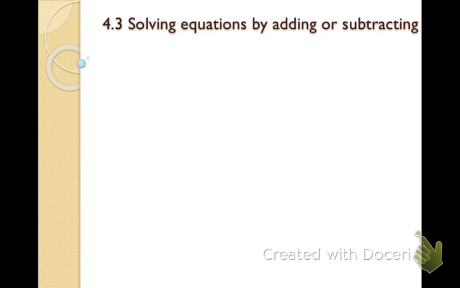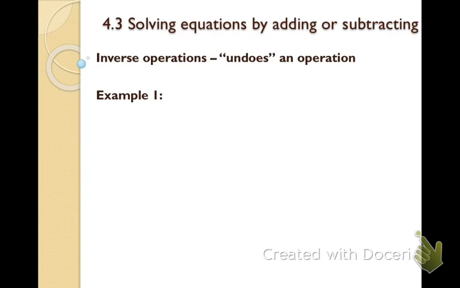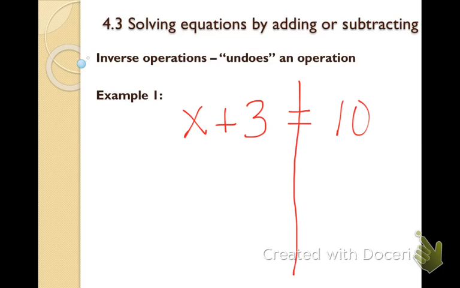All right. Let's talk about one more quick definition, inverse operations. An inverse operation undoes an operation. For example, let's say we have the equation x plus 3 equals 10. First, I'm going to, again, draw my line down the equal sign.